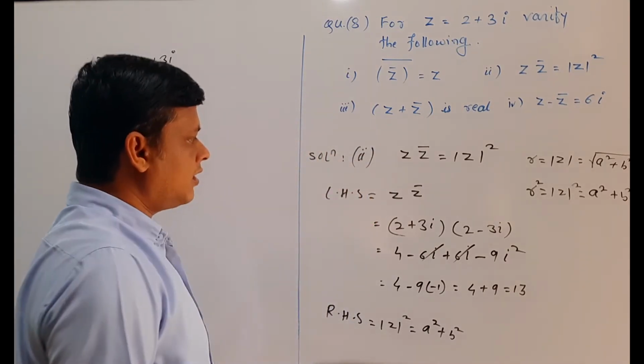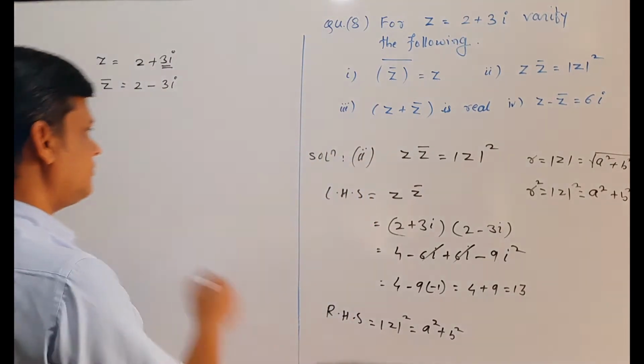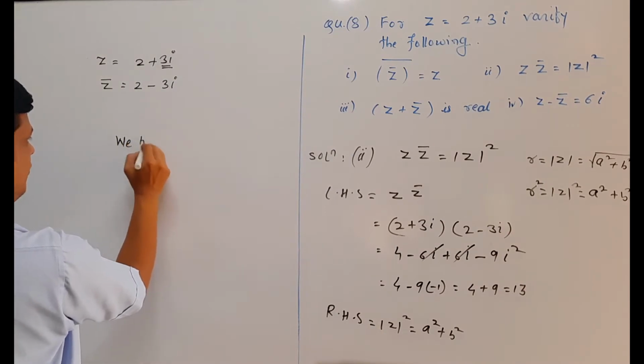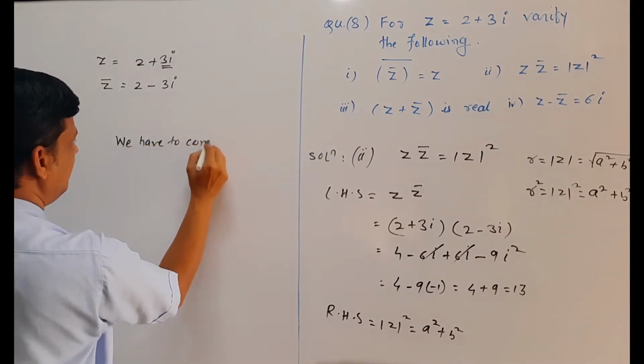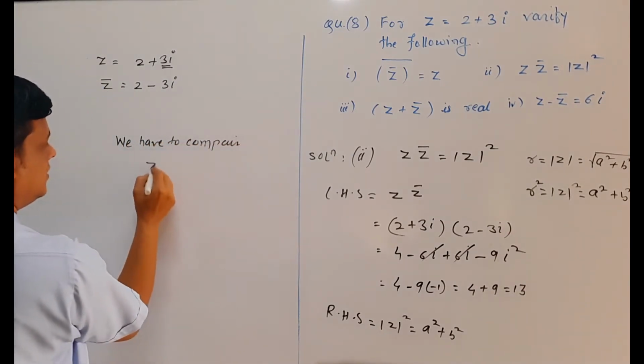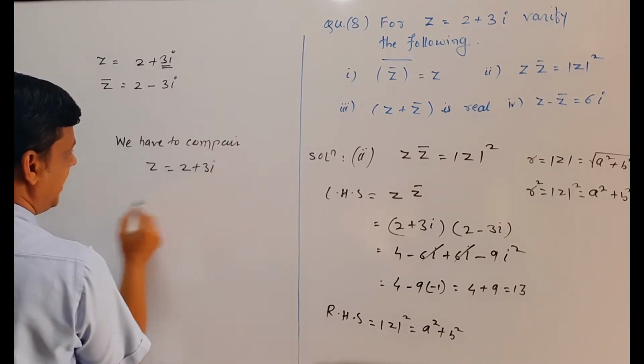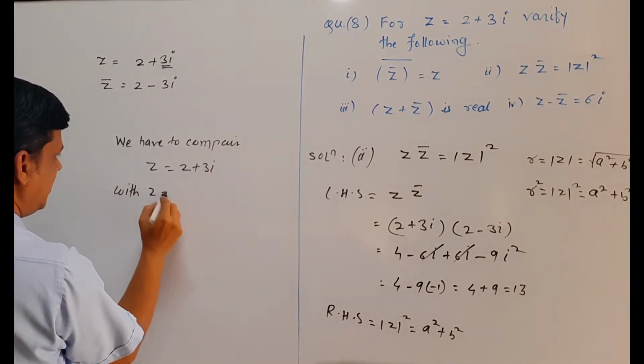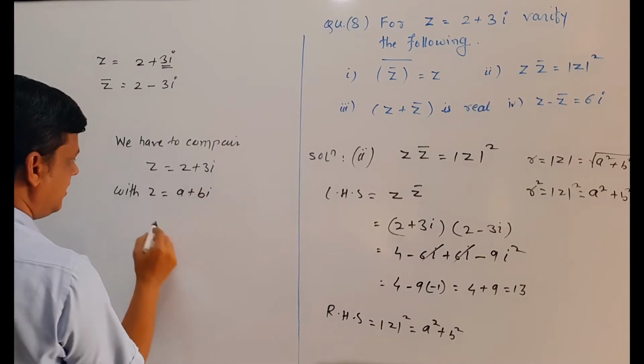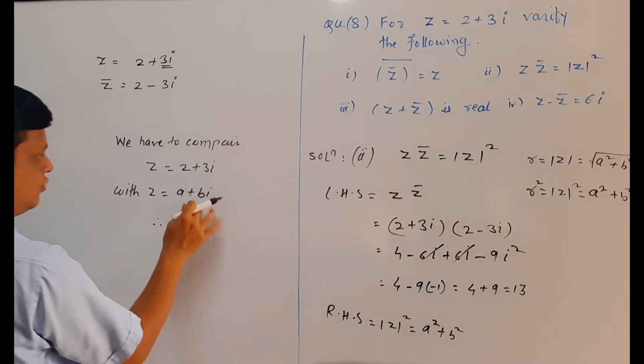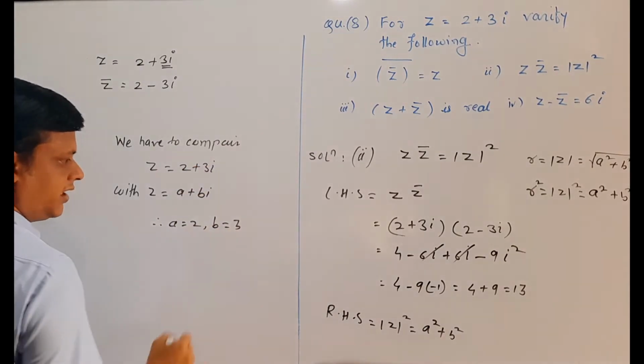That means we have to compare the given equation z is equal to 2 plus 3i with z is equal to a plus bi. Therefore a is equal to 2, b equals 3.